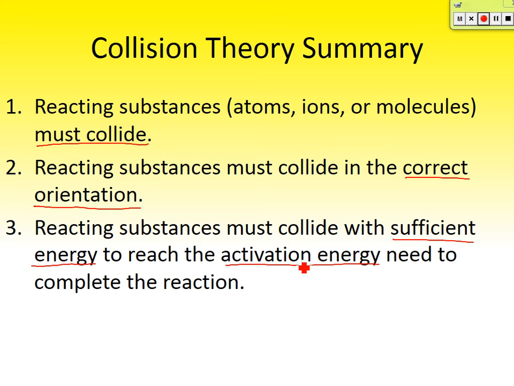So that's collision theory. It's going to be tested in this chapter, so I hope you will remember these three parts. Again, they must collide, they must collide with correct orientation, and finally, they must collide with sufficient energy to overcome the activation energy.